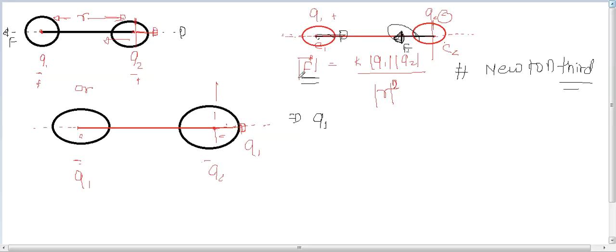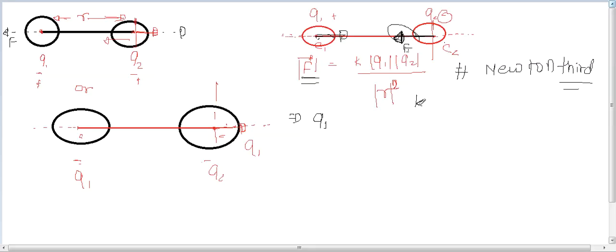Guys, if I know the magnitude of the force, which is basically a scalar, and I multiply it with a unit vector, then I will be able to find the vectorial form. Suppose this magnitude is a scalar k.